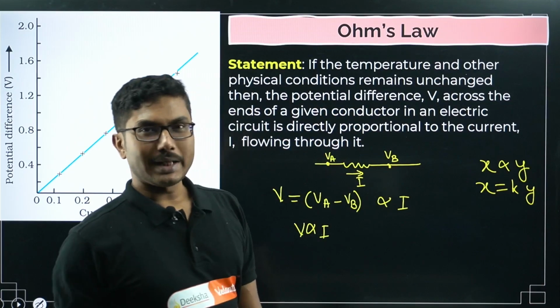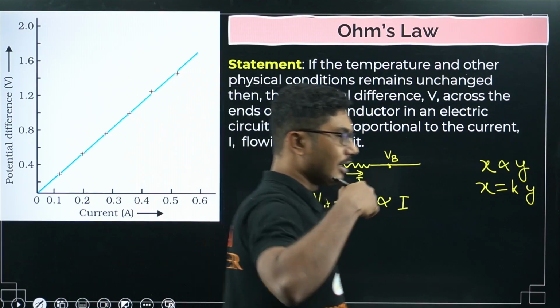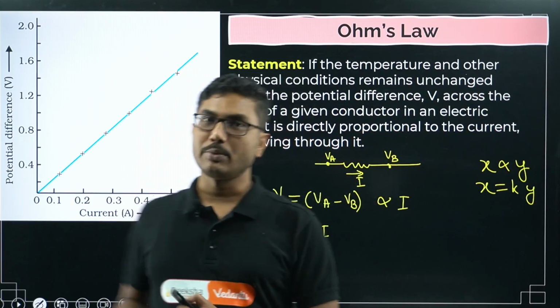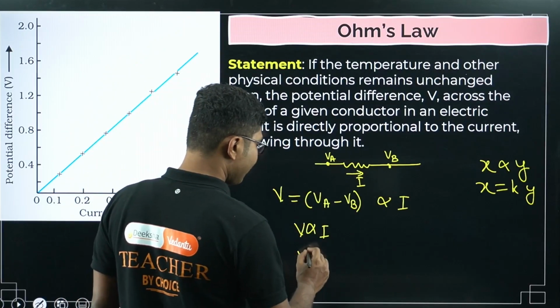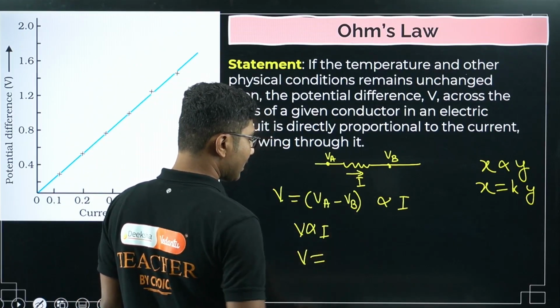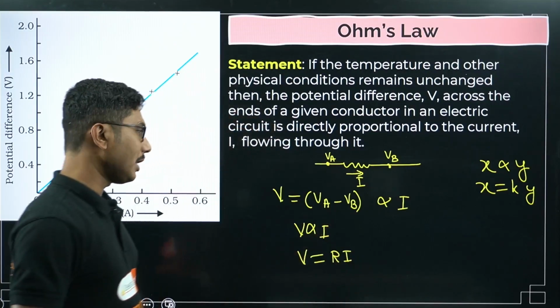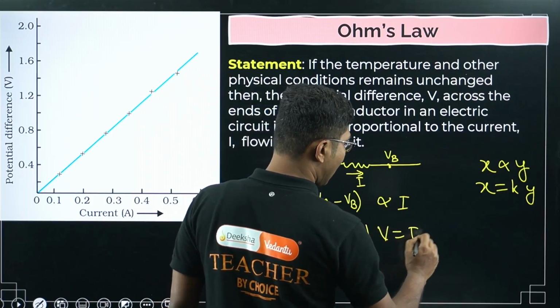So if there is a constant factor between them, they are called proportional. Here, V can be written as V equals R times I, or sometimes we write V equals IR.